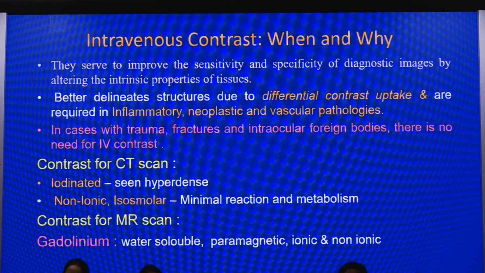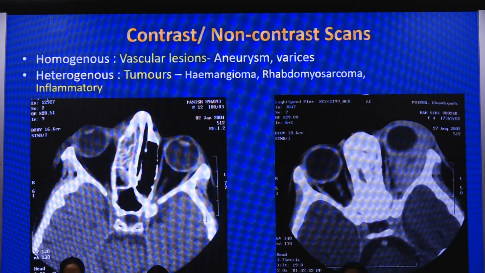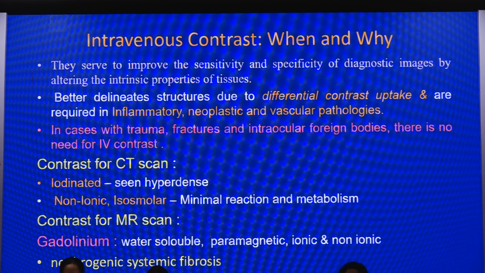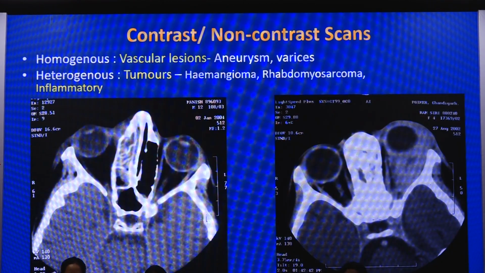In CT scan we are using iodinated, and in MR we are using gadolinium. This is water soluble, paramagnetic, ionic, and non-ionic. The only concern is nephrogenic systemic fibrosis. That is the reason always when you are sending the patient for MRI with contrast, always get your creatinine or KFT done. So now contrast and non-contrast, how would you know?